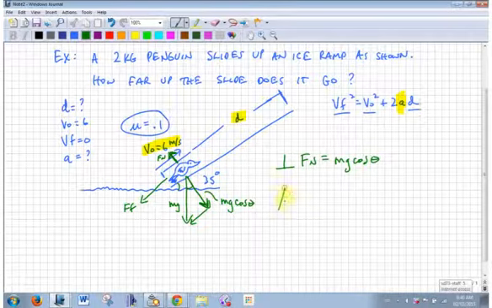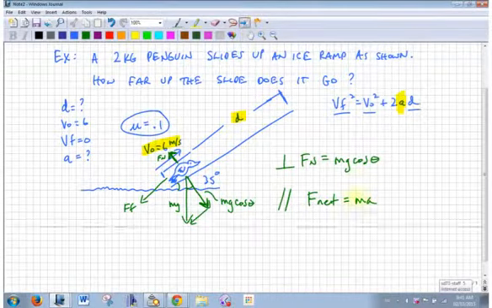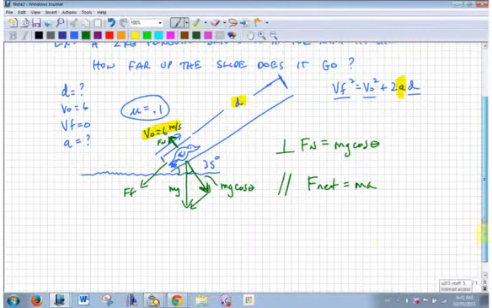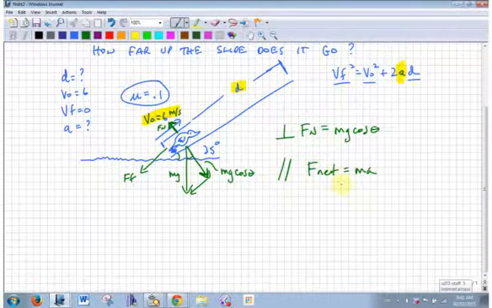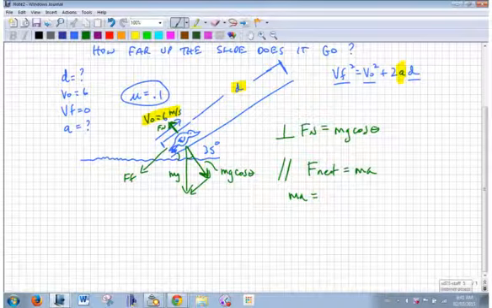In the parallel direction, that means parallel, what's going on? Here is the formula, but we want to apply that to the concept. Okay, the net force, ma, is the unbalanced forces. This thing's moving, there's an acceleration, it's got to be an unbalanced force.